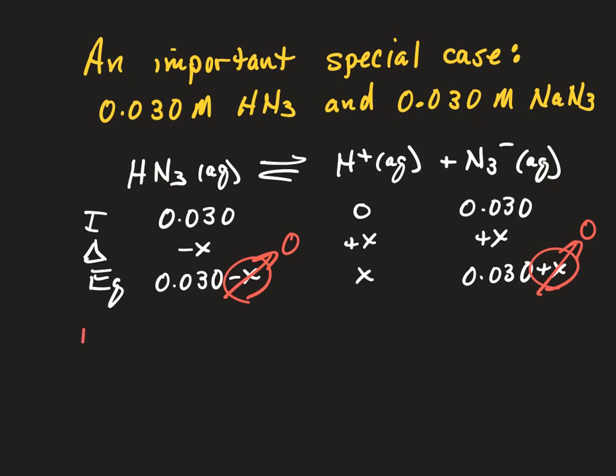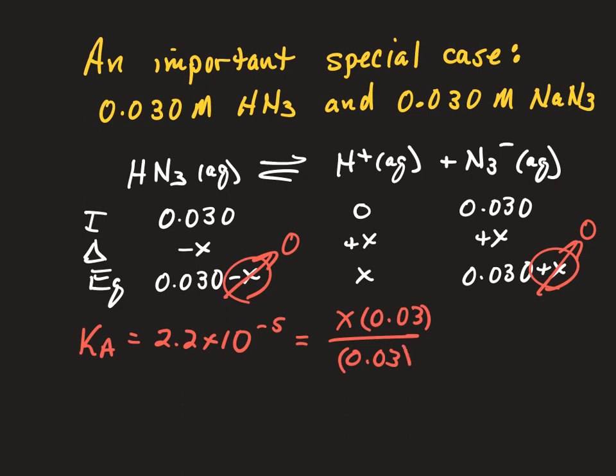Our Ka was 2.2 times 10 to the minus 5, and so that's going to be equal to x times 0.03 divided by 0.03. That divided by that is 1, and we just get x. So we get that x is equal to our Ka.